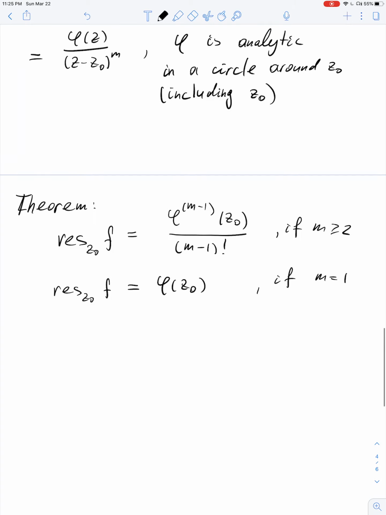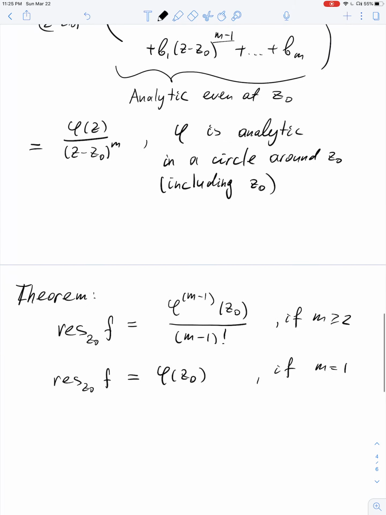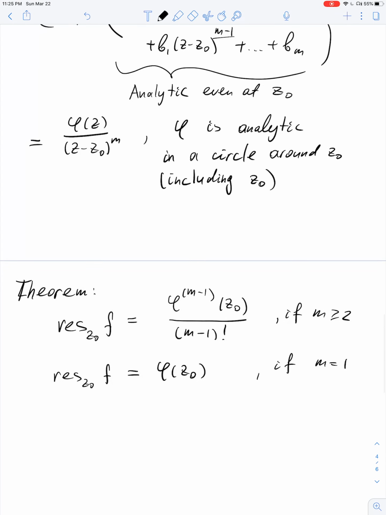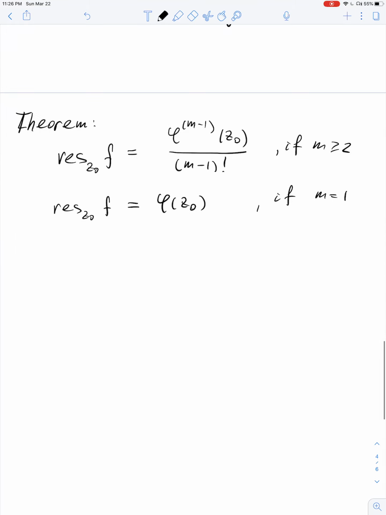Well, if m is equal to 1, then it's kind of obvious. Let's look back here. Hope you see what I'm circling. We see that phi is analytic, so phi of z is some alpha 0 plus alpha 1 times z minus z0 plus so on, and I'm doing the case m equal to 1.